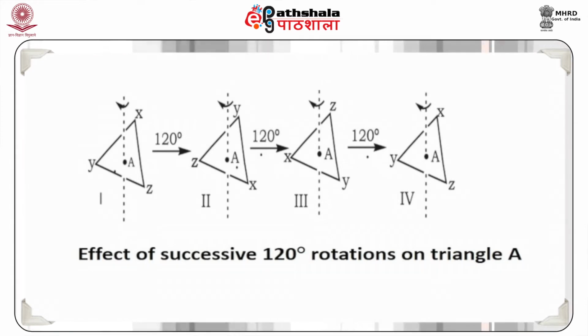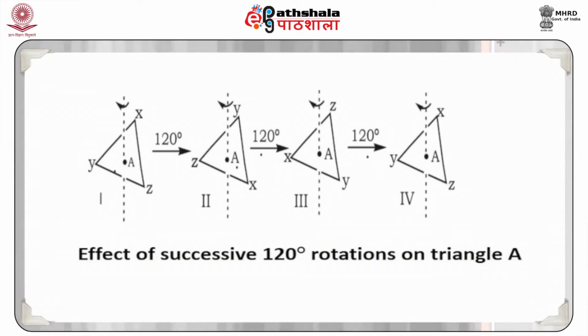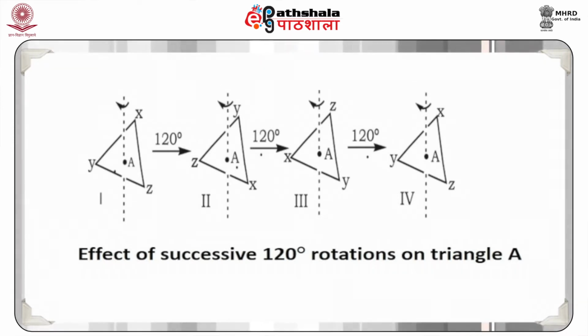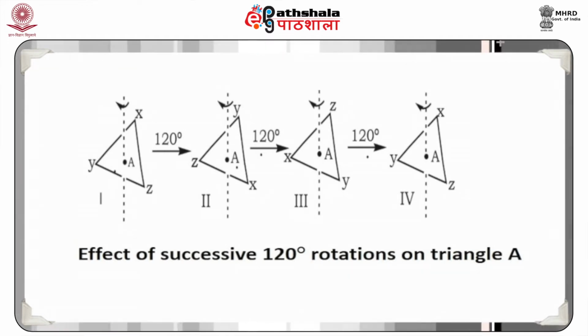Now, after the first 120 degrees, you will find Y moves to X, X moves to Z, and Z moves to Y. That is, all the corners are interchanged, and still the figure looks equivalent if the corners are not labeled. Let us go further with a 120-degree rotation.